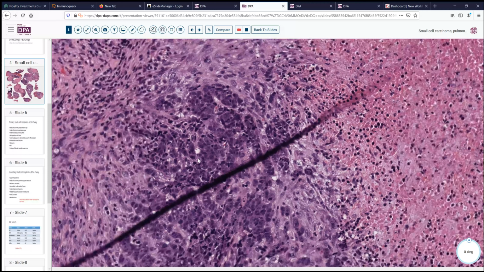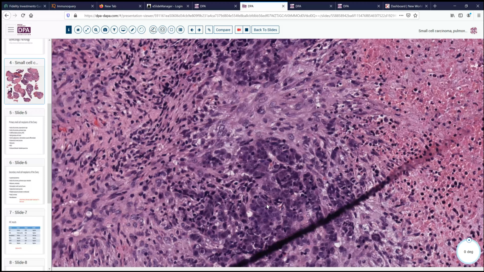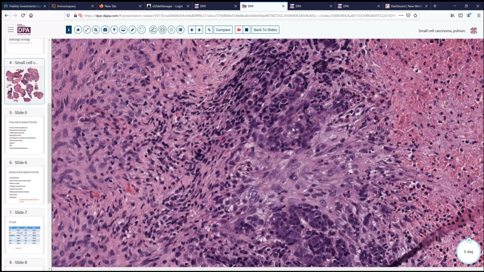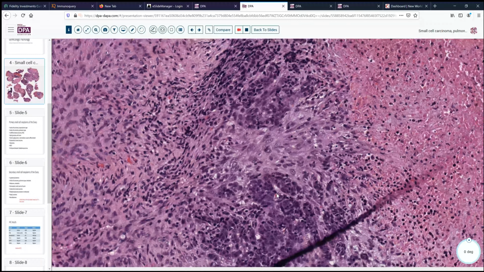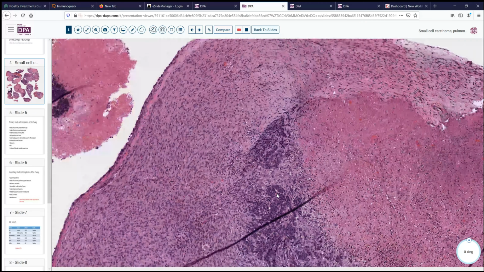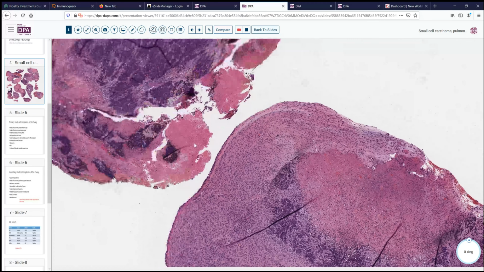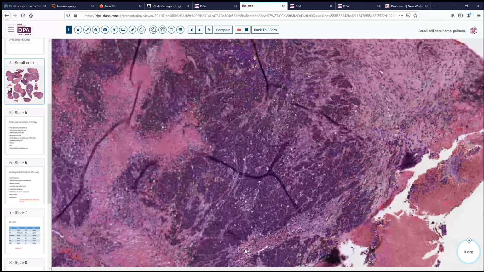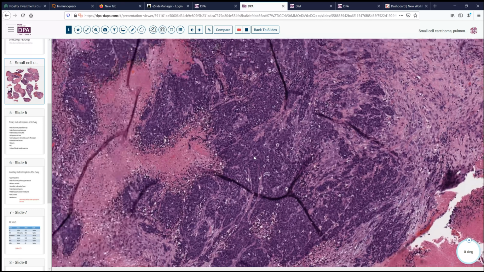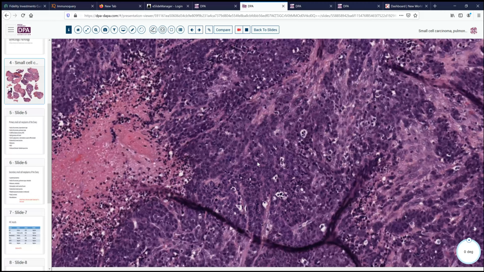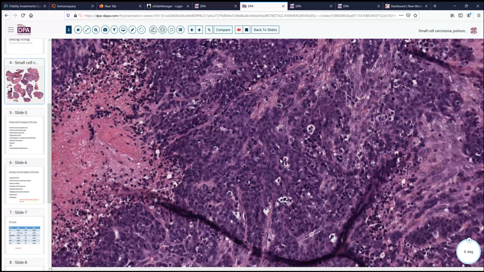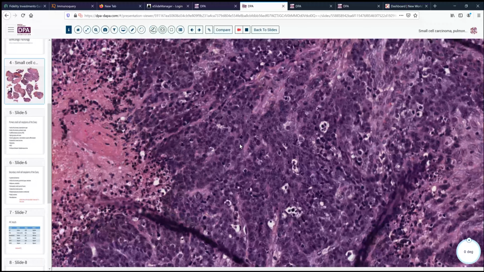We can see that these tumor cells on higher magnification here have very scant cytoplasm, fairly uniform round nuclei, a lot of mitotic activity. We'll look at some other areas here as well, such as this area here. And you can see there's even a bit of a starry sky type of pattern with these areas where we have cell dropout and pycnotic central nuclei surrounded by clear spaces.